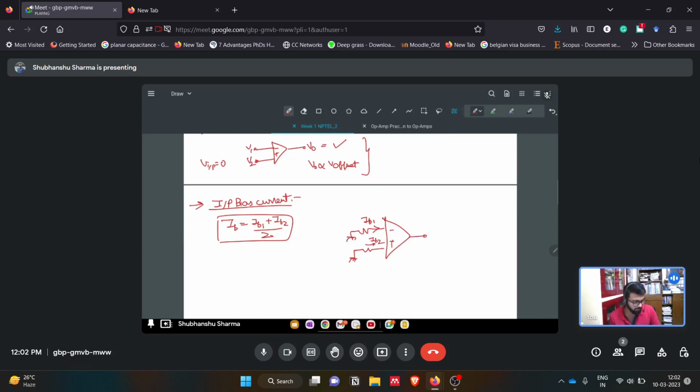Based on that, there will be a drop at the input terminals of the op amp, and we'll get some output. We also have the input offset current, IOS. It is given by the modulus of IB1 minus IB2, and its value is normally 20 to 60 nanoamperes.